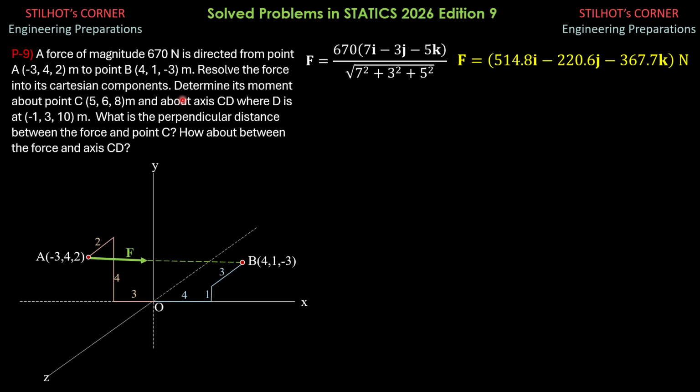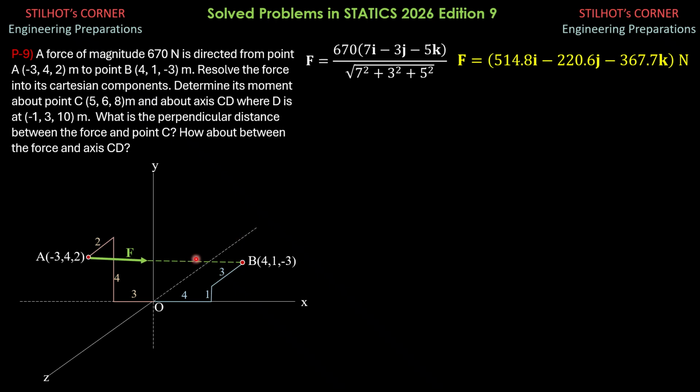Then after resolving it into Cartesian components, we determine its moment about C. So I'll present two ways per case because F may be at A and F may be at B. We have two ways to compute for moment of a force in space about a point. We can have the scalar approach and the vector approach.